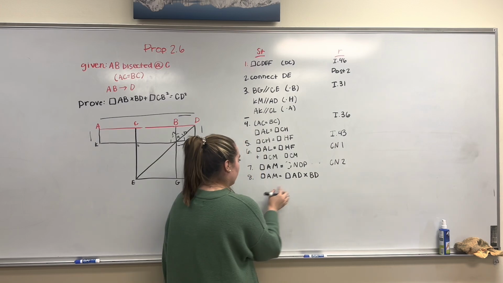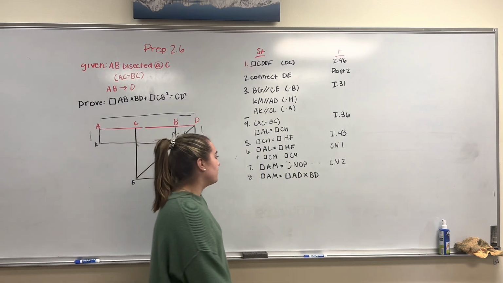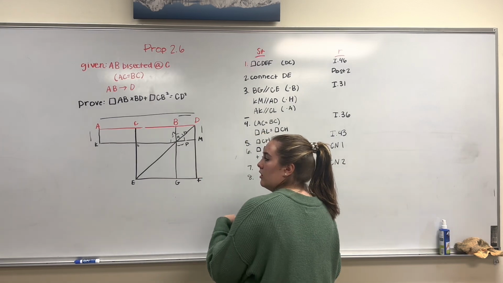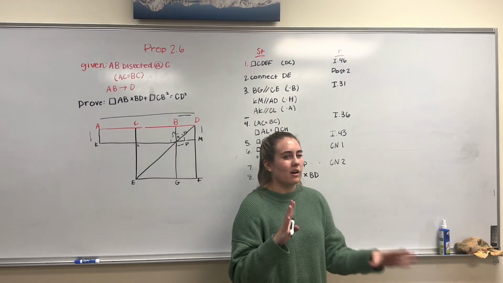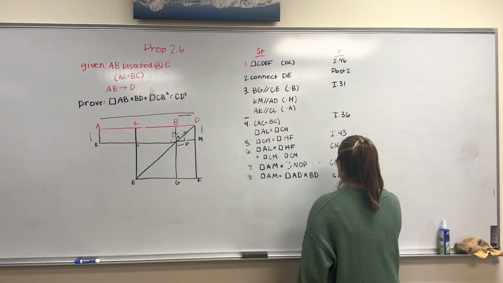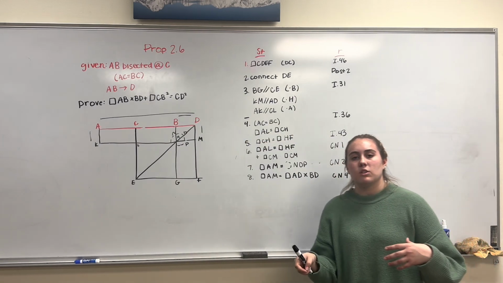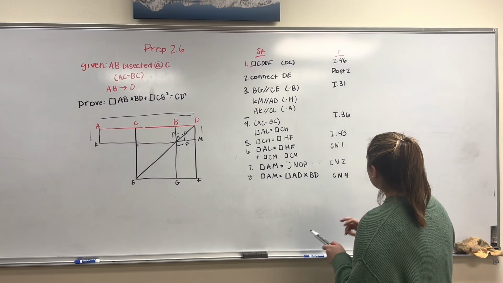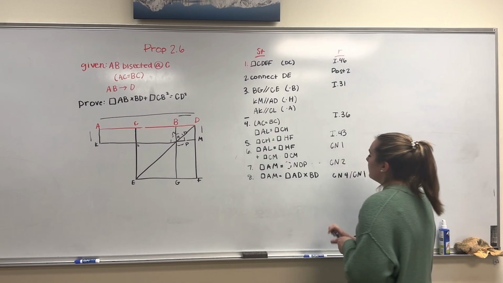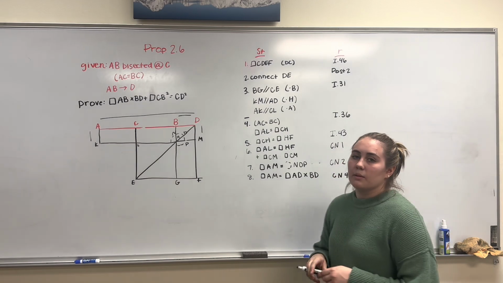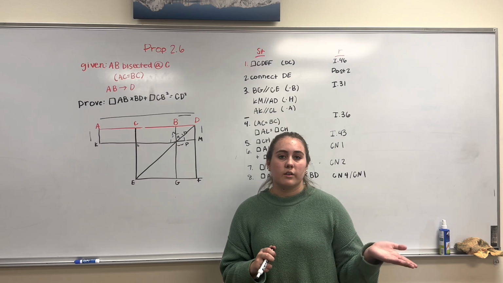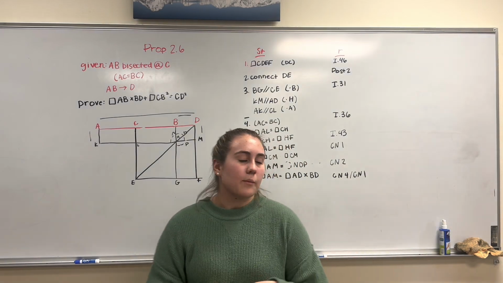So this would be the area of AM in a sense. And I kind of used a mixture of common notion 4 and common notion 1 to deduce this. Common notion 4 says that things that coincide with each other equal one another. And then common notion 1 says that, I've already kind of stated it, but if two things are equal to the same thing, then they therefore are also equal to one another.